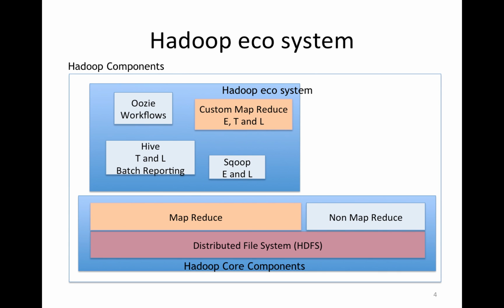And then in some cases, Hive or Sqoop might not work for our requirements. So we need to be familiar with custom MapReduce. So I will be covering a few topics on custom MapReduce as well, where it will come in handy. When it comes to MapReduce, everything is batch.